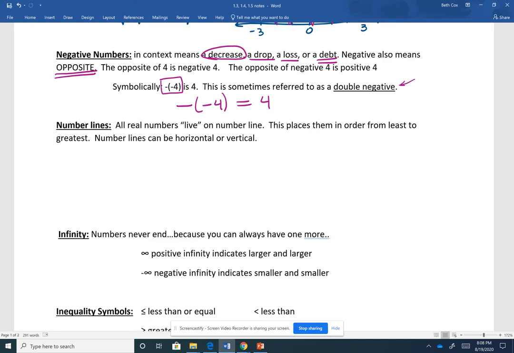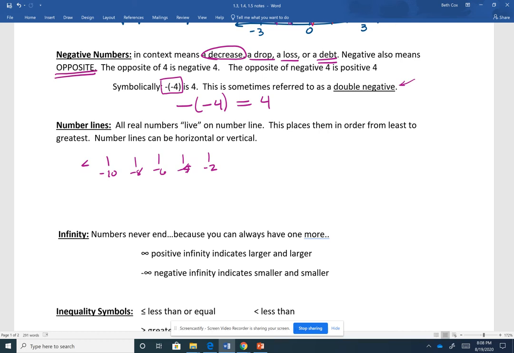Okay, number lines. All real numbers live on the number line. This places them in order from least to greatest. Number lines: -10, -8, -6, -5, -4, -2. That just goes like that. Those are all negatives.